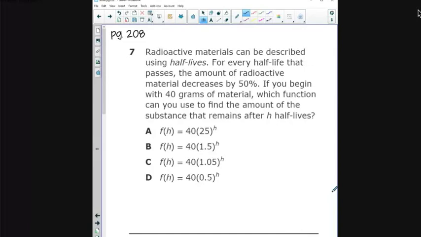Okay, there were a couple of keywords here. You will get word problems like this, guys. So you need to identify what's important. What matters is that they're telling you that the material decreases by 50%. Is that a growth or a decay?